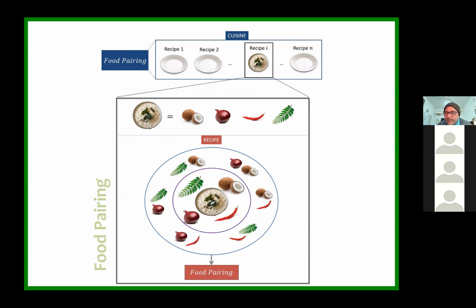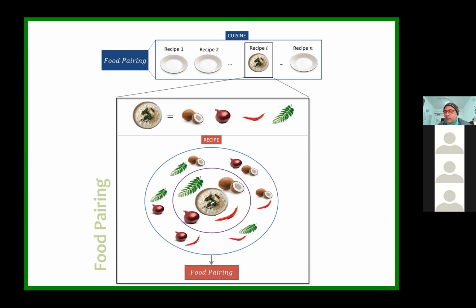And now we can make pairwise combinations of these. In the bottommost part, I'm showing you the pairwise combinations such as onion and coconut, chili, curry leaf and chili, etc. And for each of these pairs, we can ask how many molecules are common between these two ingredients. That's a very straightforward numerical answer.